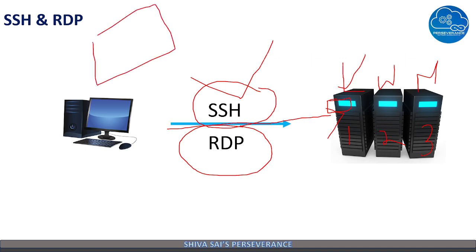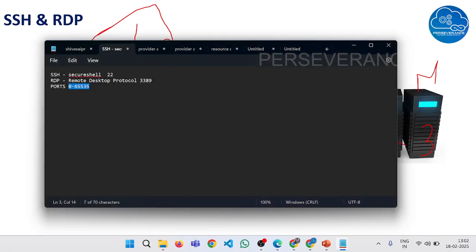Ports are nothing but an entry point to the server, so these ports should be allowed to connect, and on the servers we need to set that up. If somebody is coming via SSH, there is port 22, and if somebody is coming via RDP, there is port 3389 which should be allowed.